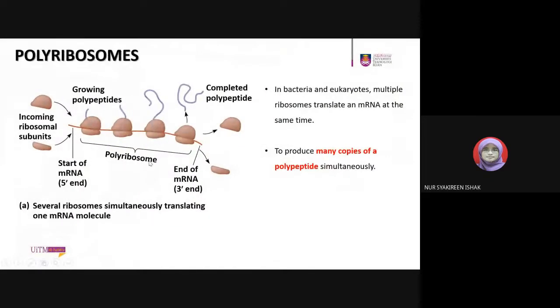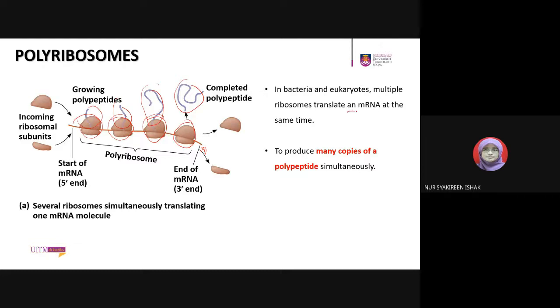Okay, so this is polyribosomes. So polyribosome is when one strand of mRNA digunakan oleh banyak ribosome to make many proteins here. Okay, it says here in bacteria and eukaryotes, multiple ribosomes translate an mRNA.